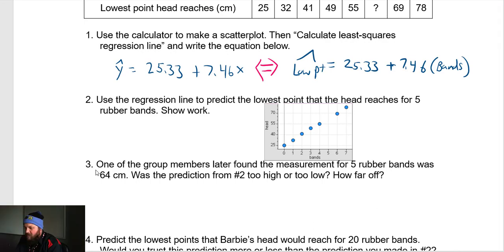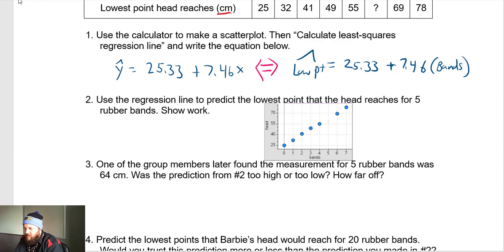So to determine number 2, we can easily calculate this from the equation we have here. We know how many rubber bands they want, and the least squares regression line is going to tell us where the y value should sit on that line. That imaginary line that this equation draws in between all those dots is what we're trying to find for the value of 5 rubber bands.